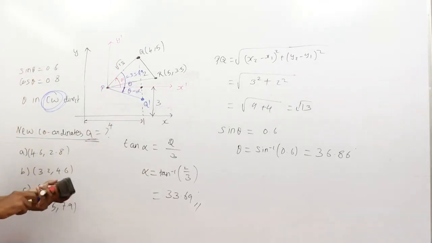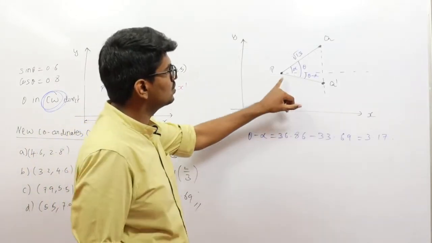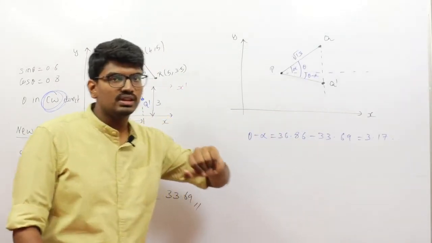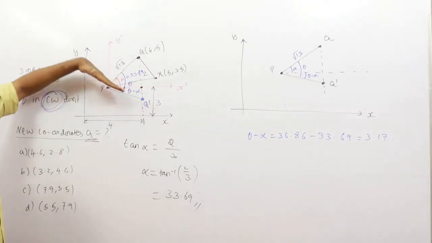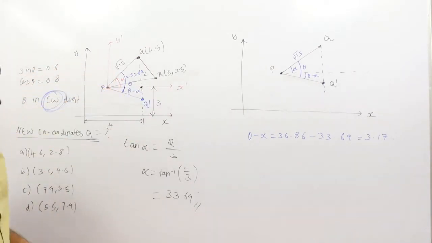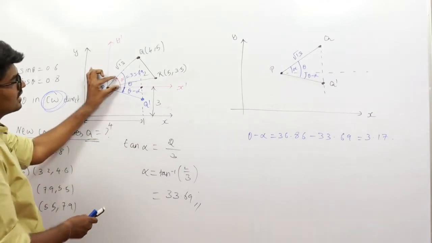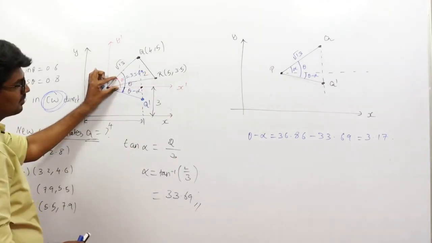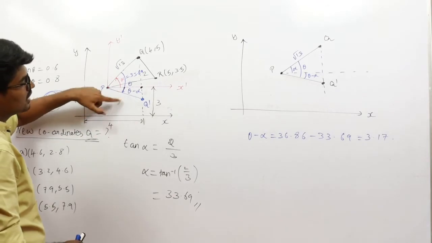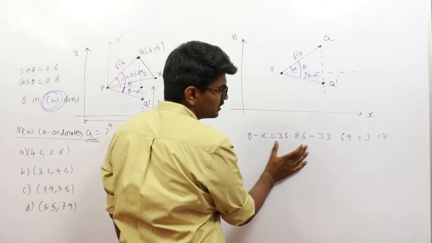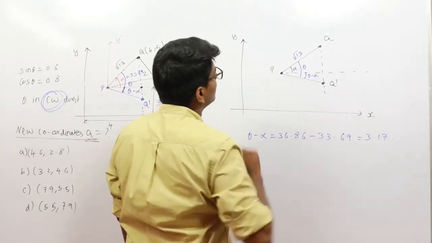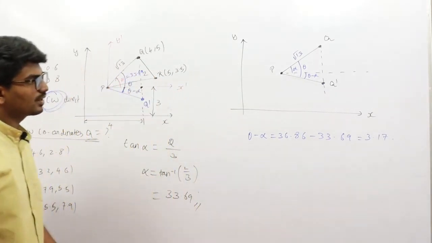Let me show you the diagram again. Initially PQ was like this. I rotated it by theta angle, so now our new PQ is PQ dash. The angle initially between x dash and PQ was alpha, and I am rotating it by theta. So the new angle will be theta minus alpha, which is nothing but 36.86 minus 33.67, approximately 3.17 degrees.